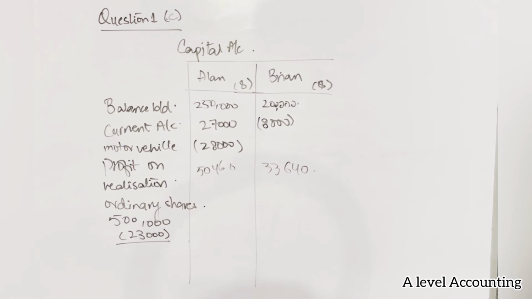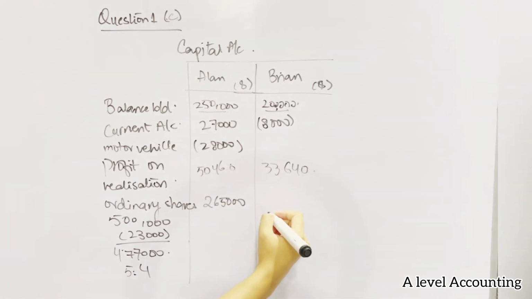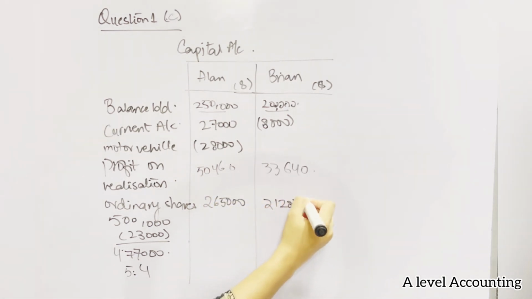Now the remaining amount is supposed to be distributed, and that will be in the ratio 4:5. Why? Because you see 477 is what is left, and 250 and 200 is basically a 5:4 ratio or 4:5 in any ratio, and then you're supposed to figure out, it is basically 265,000 for Alan and 212,000 for Brian.